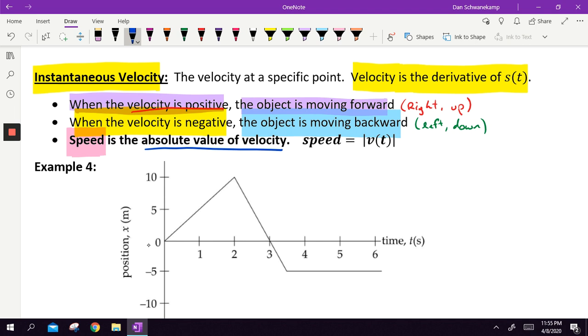But in calculus class, 60 miles per hour would be forward because it's positive, and negative 60 miles per hour means you're going backwards, you're going to the left. If we're talking speed, we're doing the absolute value of that. Or in other words, we don't care positive or negative. So speed is the absolute value of velocity. Basically, it's your velocity without the sign.